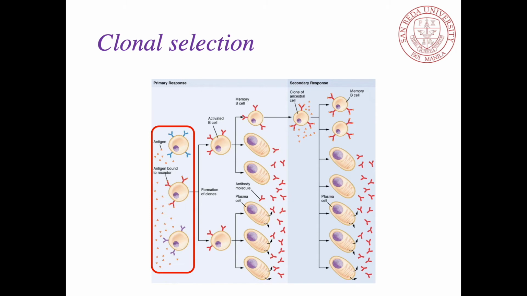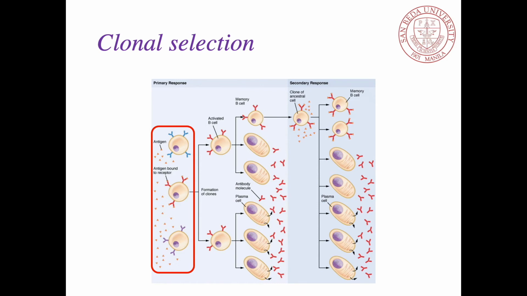So you have an invading pathogen and you have that antigen on that pathogen. Because you have all these different sets of B cells, the antigen is bound to bind to a particular B cell receptor on one particular B cell. And once that happens, of course, that particular cell would now be committed to proliferate. So this is the whole concept behind clonal selection.